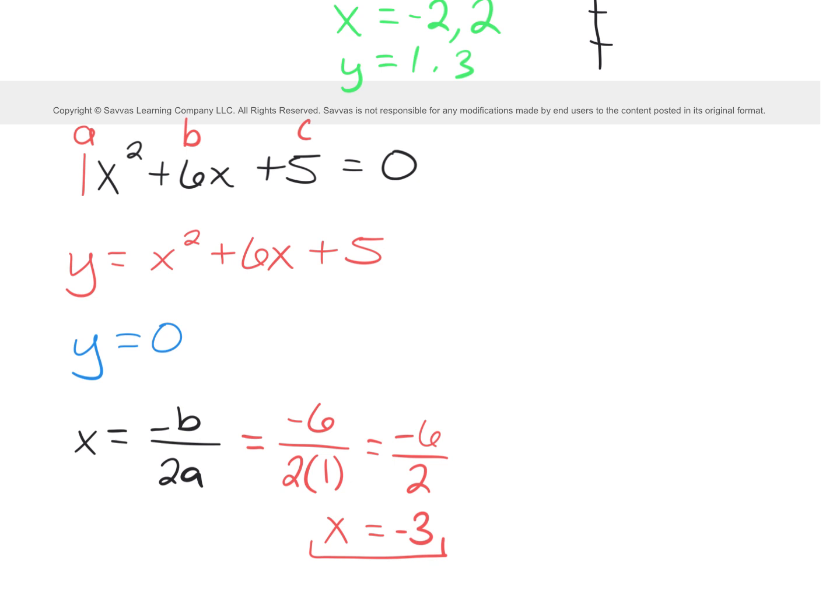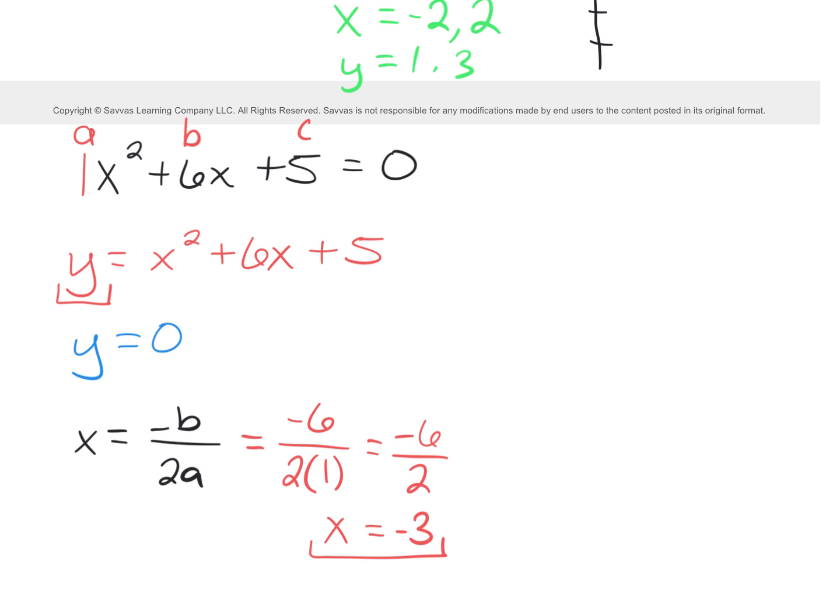Can we graph an x value without a y value? You could, but we need a y value to get our starting point. Our y value will not be 0 because our equation is equal to y. That's for the other equation, but we're just dealing with this one first.